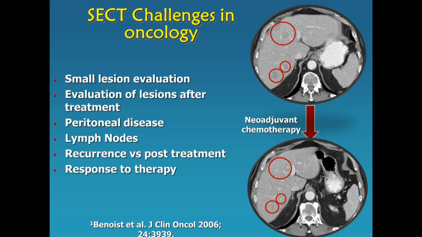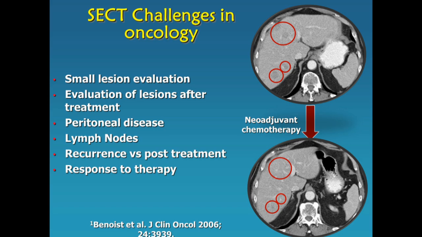Now, this case example shows the fact that these 3 metastases, which are low in attenuation, are very difficult to detect after treatment has been given, and therefore MRI is routinely used in these patients for treatment planning and surgical resections. There are other challenges like detecting peritoneal disease, especially the subtle abnormalities in the abdomen.